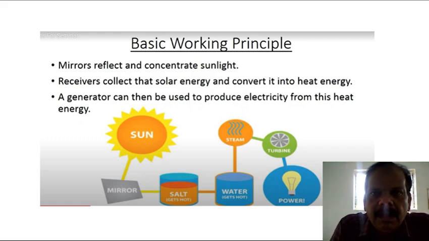Let us see the basic working principle of a solar power plant. Here the sun's radiation is collected using mirrors. The mirrors reflect and concentrate the sunlight onto the receiver, which collects that solar energy and converts it into heat energy. This heat energy can be used to change the fluid phase.